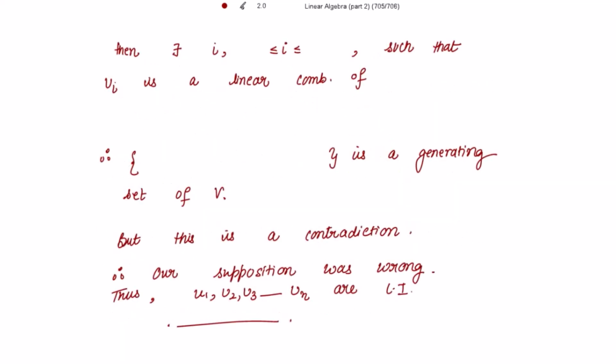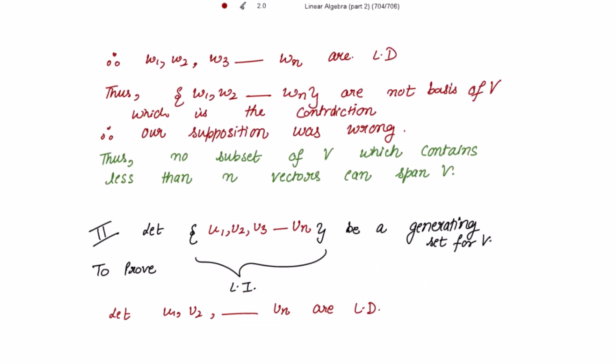Then there exists i, where i goes from 1 to n, such that ui is a linear combination of the rest of the vectors.